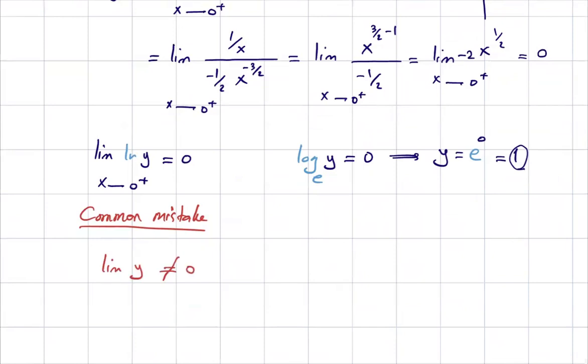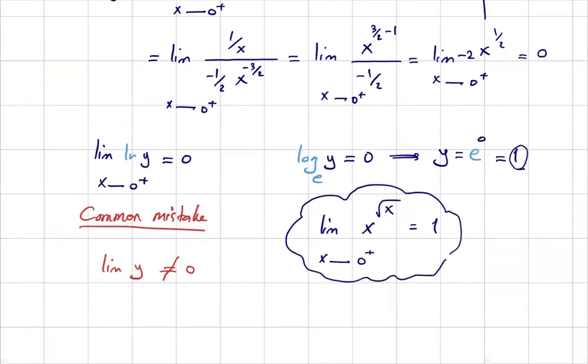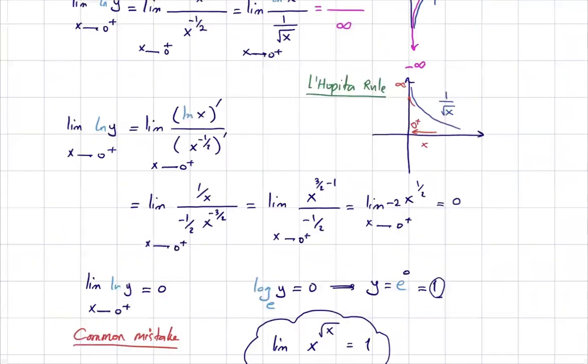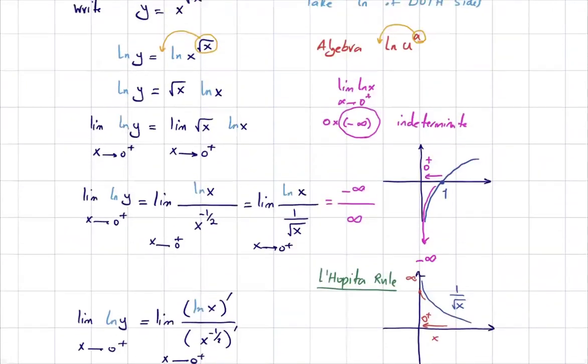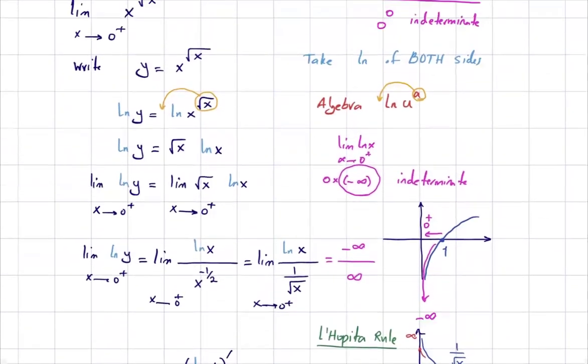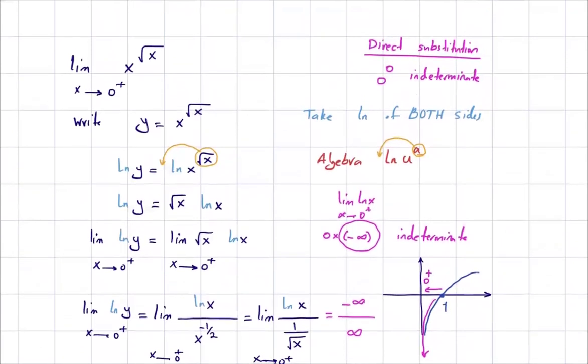The limit of y is equal to e to the power 0, or 1. x to the power square root of x as x goes to 0 from the right-hand side is equal to 1. This is what we are looking for. Again, please pay attention. This is one of the techniques, one of the methods to help calculate these types of limits. We have other shortcuts that we can use later.